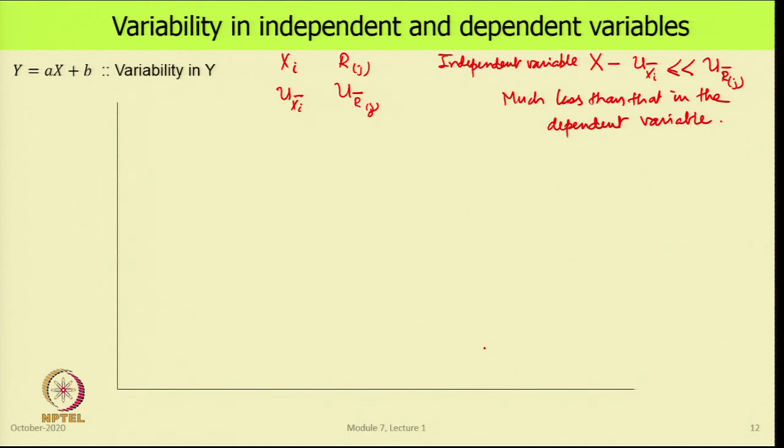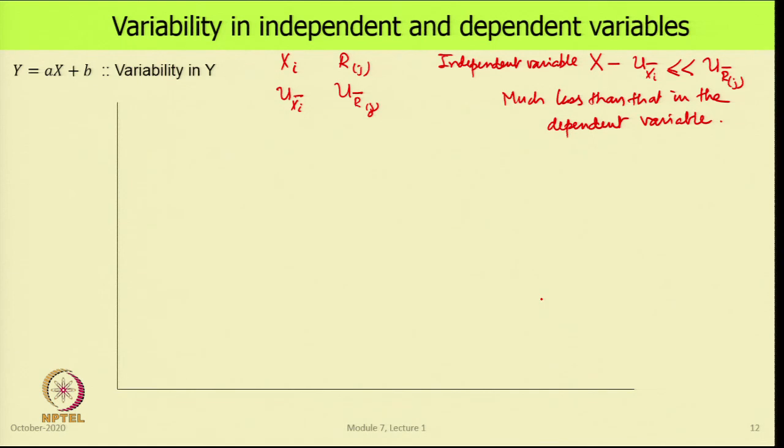Practically, we will get a finite value, but it could be that in one case the uncertainty is of the order of 10 to the power minus 3, whereas this is of the order of 1. Then we say that yes, the uncertainty in my independent variable is very much less than the uncertainty in the result.